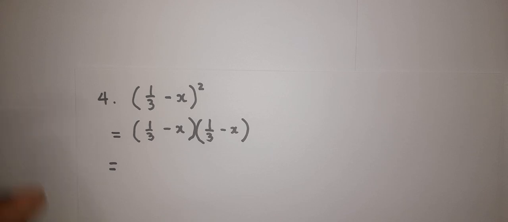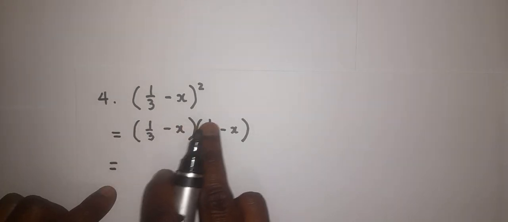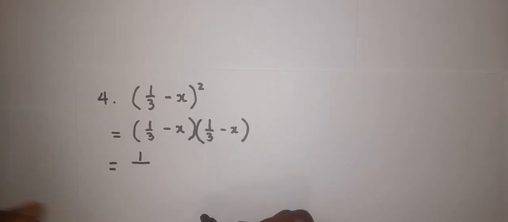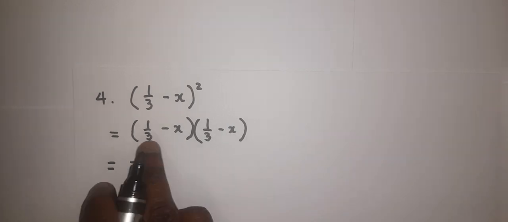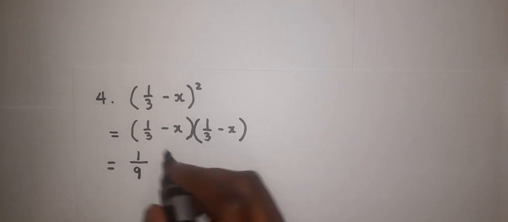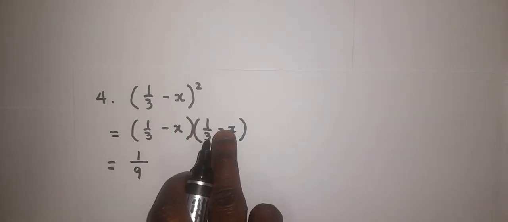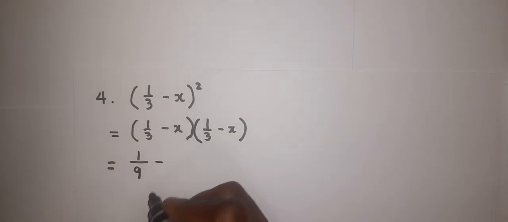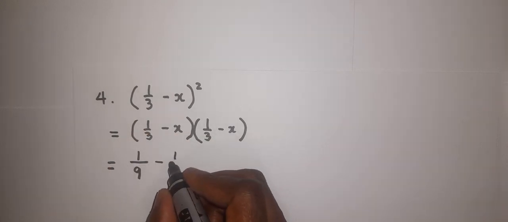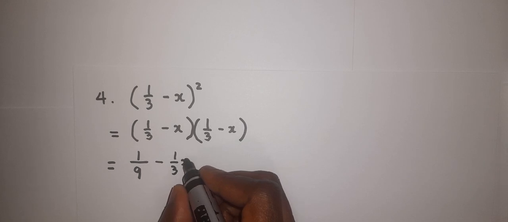and the signs. So positive times a positive is a positive, and then 1 times 1 is a 1. Whenever you multiply fractions, you multiply the numerators together and the denominators together. And then 3 times a 3 gives us a 9. Then we'll have positive times a negative to give us a negative. And then a third times an x gives us a third x.